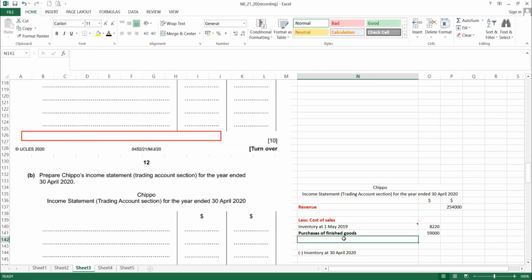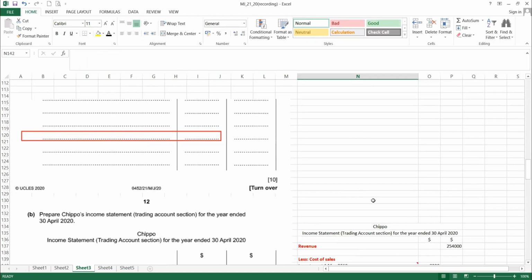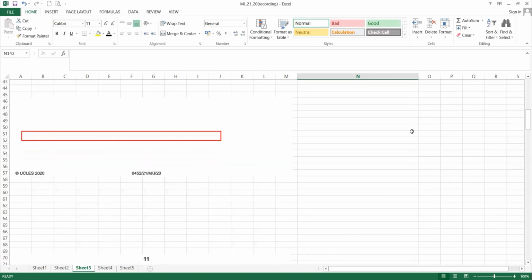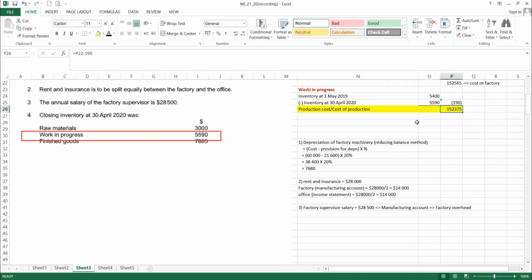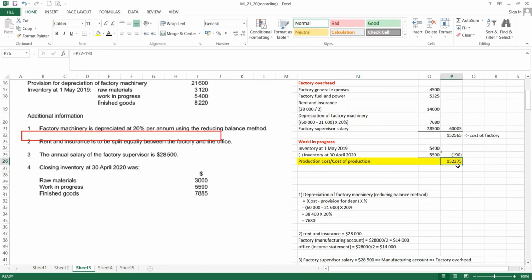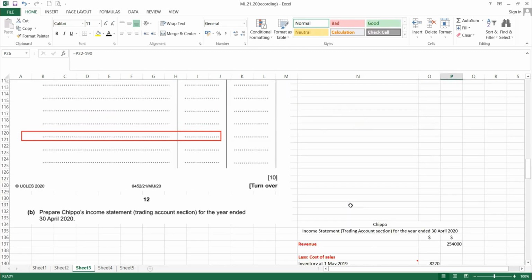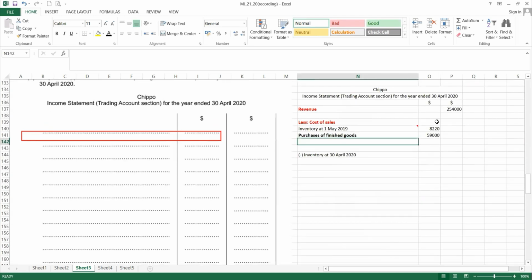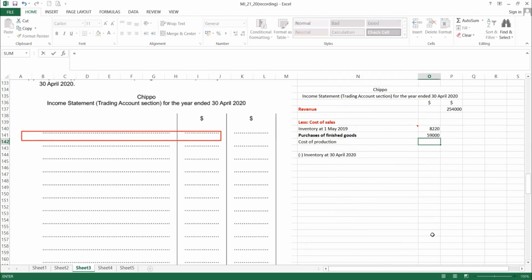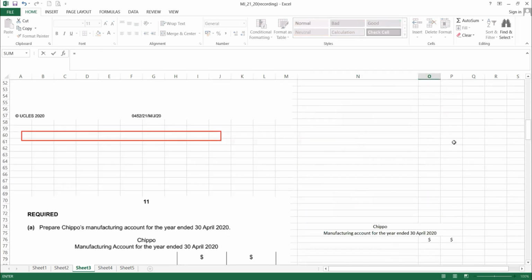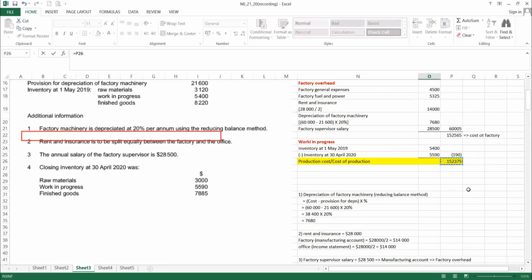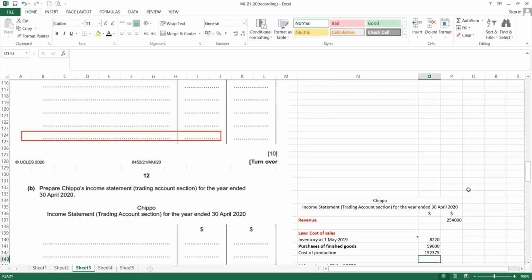So take notes about this finished good. Next is this cost that you calculated, this amount, cost of production, 152375. The whole thing will go to the cost of sales. So cost of production sitting in here, and the amount is 152375.